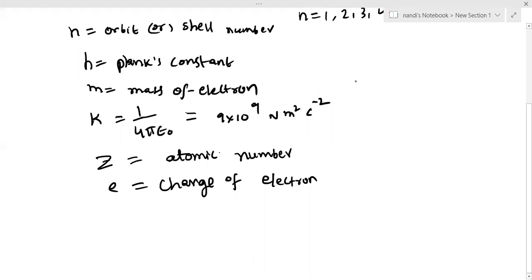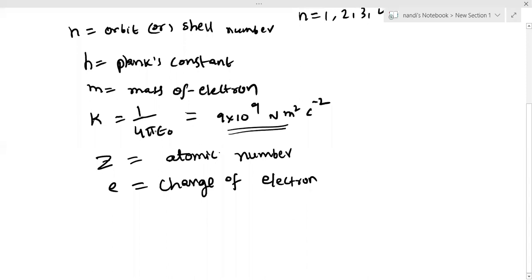A means mass number, correct. Any other? That is epsilon naught, permittivity. Something you are going to get in physics. Anyway, we need the k value here.